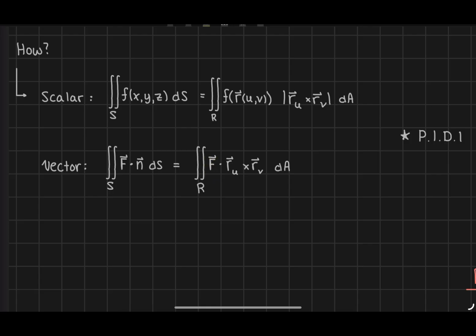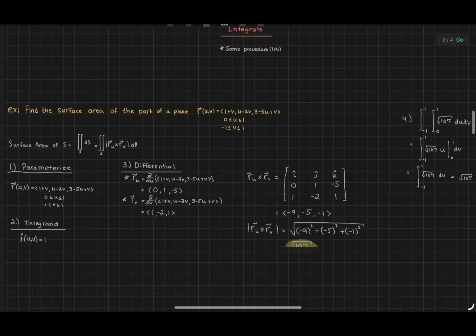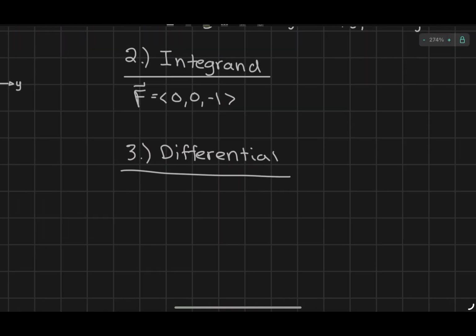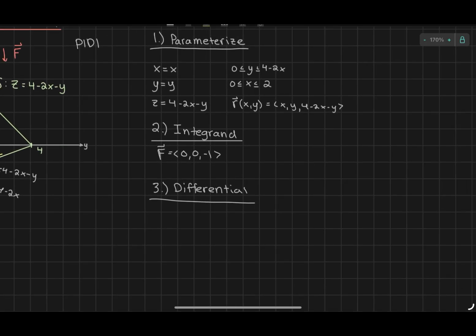That was just 0, 0, -1. Now our differential is going to be this r sub u cross r sub v. And notice we are not taking the magnitude of this. It's actually going to be dot product with our integrand. So let's just go ahead and do r sub u cross r sub v. In this case, it's actually going to be r sub x cross r sub y.